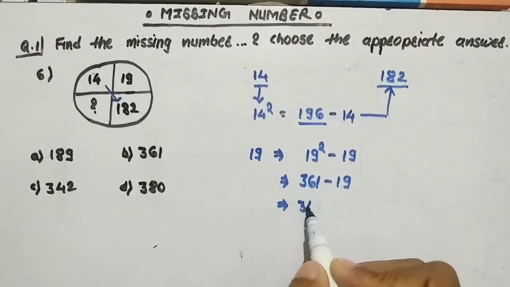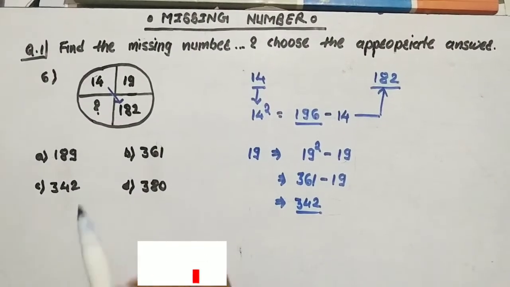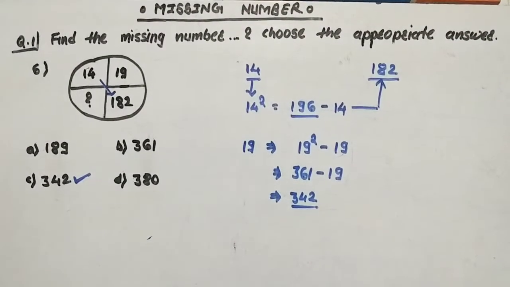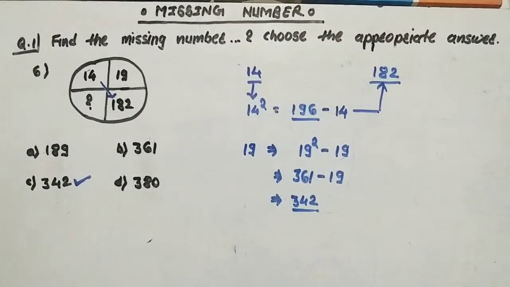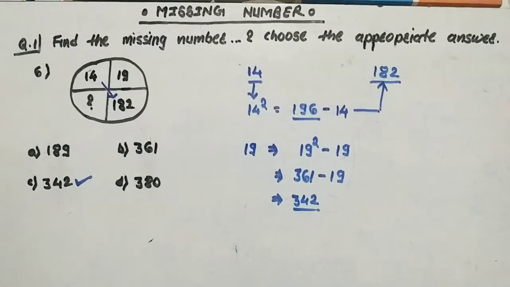So we will get 342. That's the right answer, and option C is correct. I think this is clear to everyone. बहुत ही easy concept है, और ऐसे concept exam में पूछे जा रहे हैं. So don't worry, students.